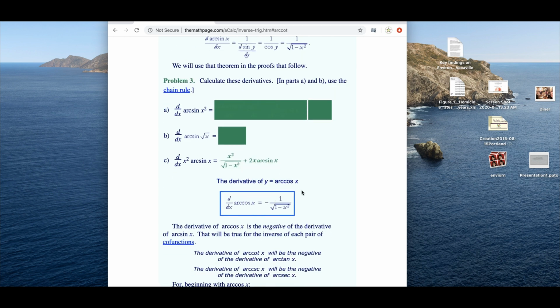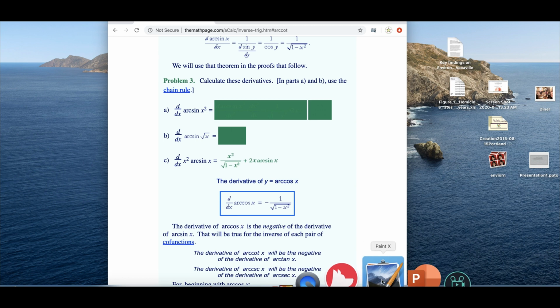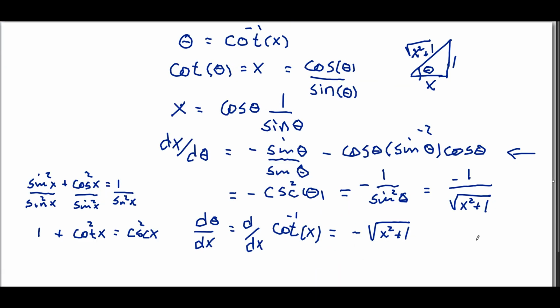So where was my error? We've got to go back and take a look and see where my error was. We said that x equals cosine over sine, so x is over 1.